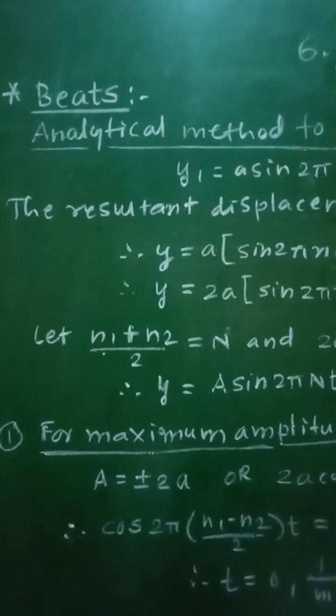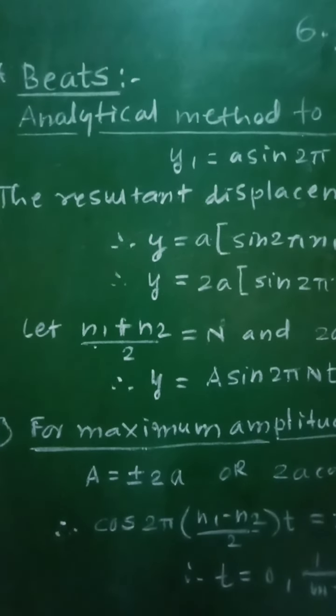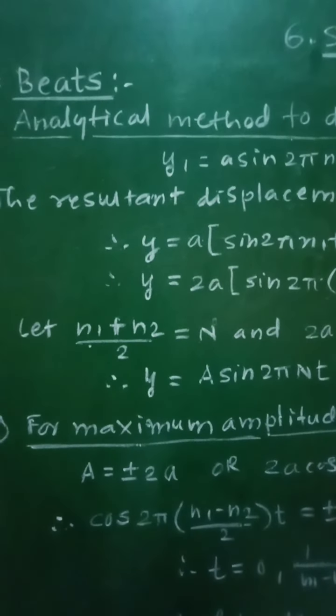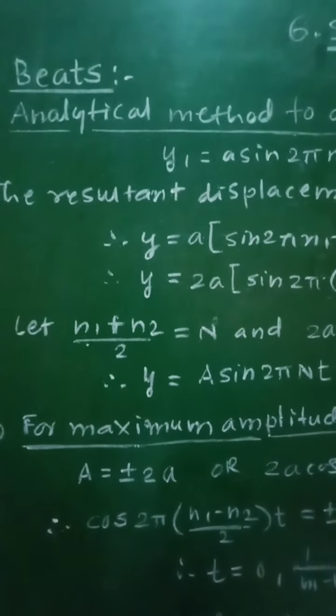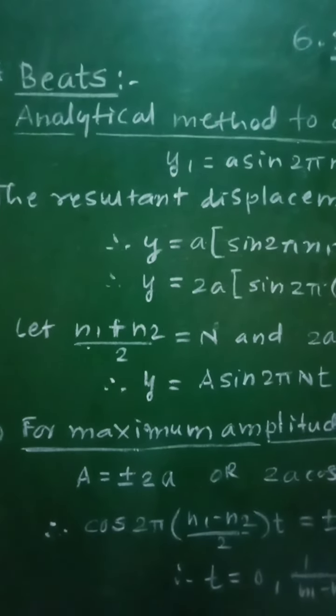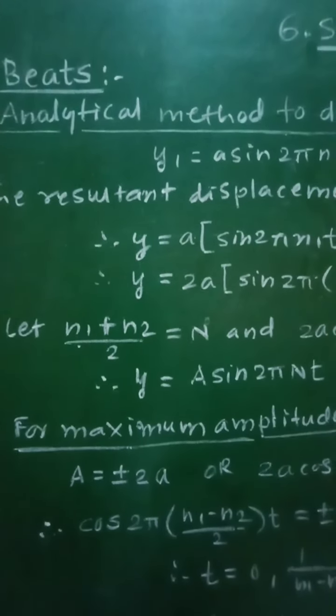So when two sound waves having same amplitude but slightly different frequencies traveling in the same direction superimpose with each other, then the intensity of sound waves varies periodically with time. This phenomenon is called formation of beats.